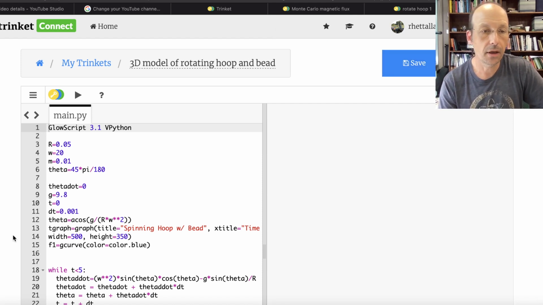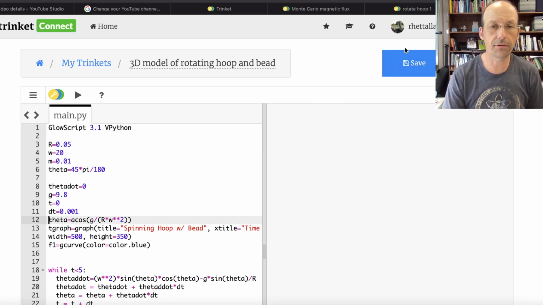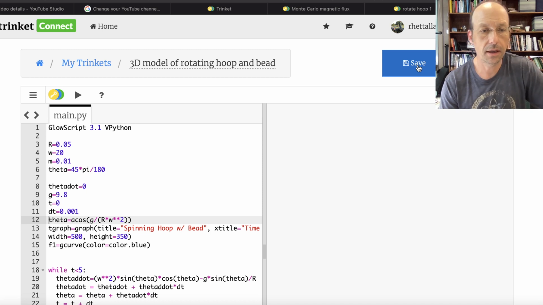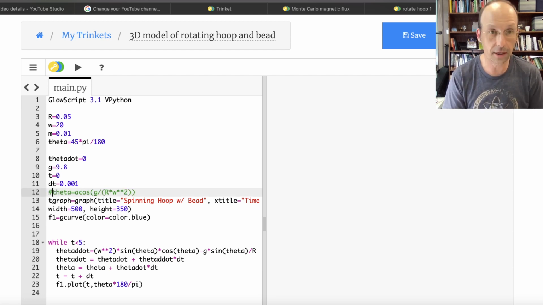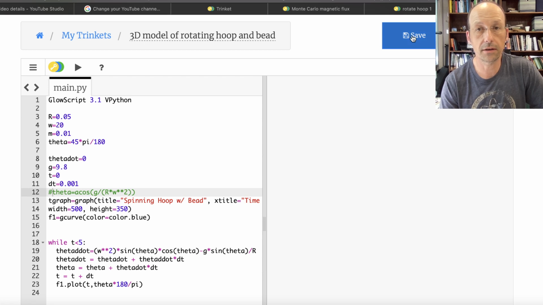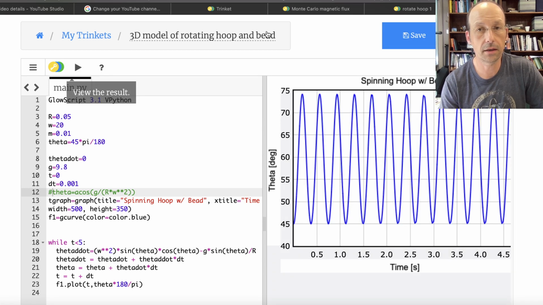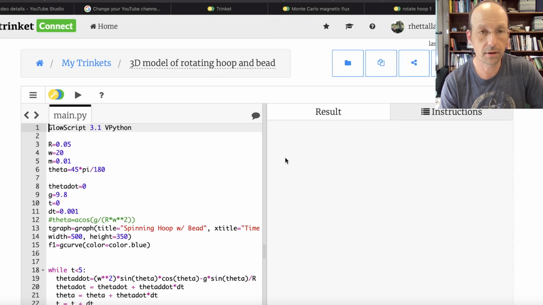Save. Okay, so I'm going to take this line 12 out. I'm going to comment that out. Let's see if I save it now. It didn't save it. I don't know why it has trouble doing this sometimes. Let's just run it first. Save. There it goes. Weird.